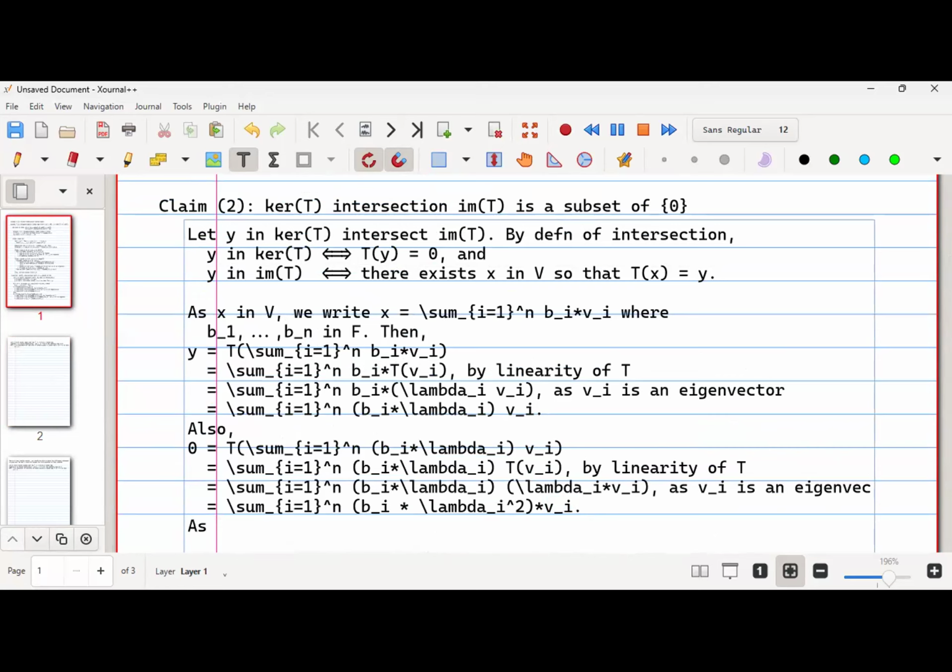So as S is a basis, it is linearly independent. So we get this thing equal to 0 for all i and I.